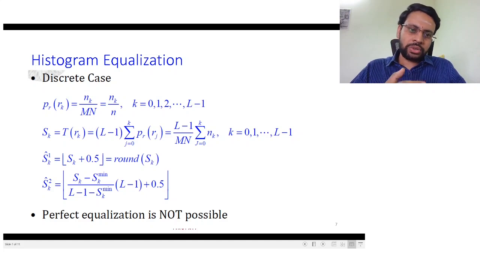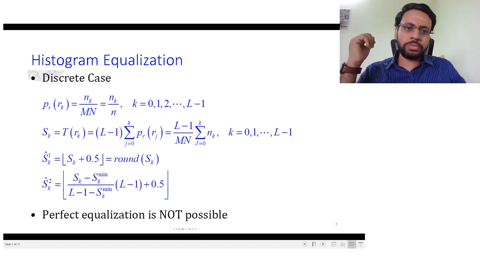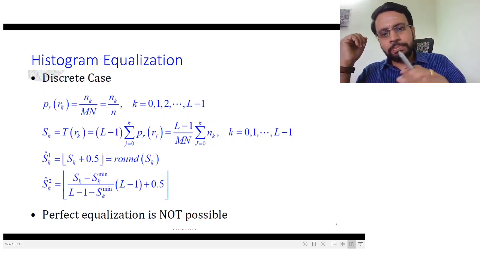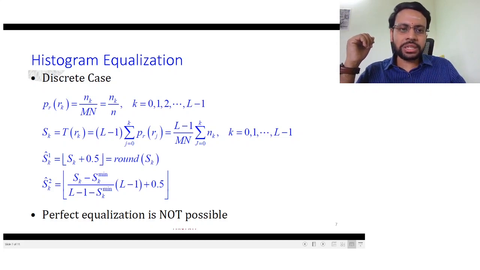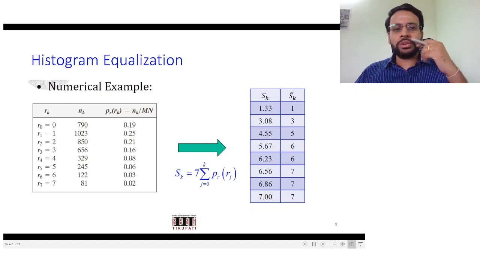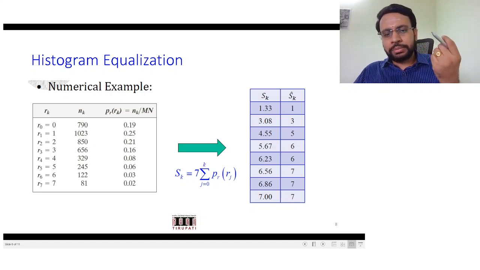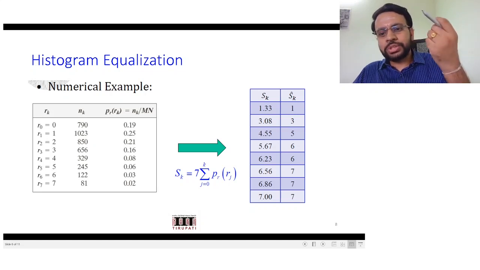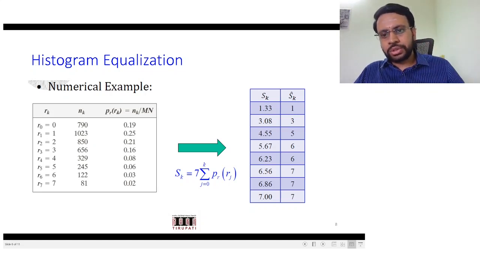However, as you are doing this round off, and also because of a few other reasons, perfect equalization as such is not possible here. Let's see a worked out example. Assume that you are using a 3-bit representation for storing the pixel intensity values, which means you could have values from 0 to 7. So that's what you are seeing here: R values are varying from 0 to 7.